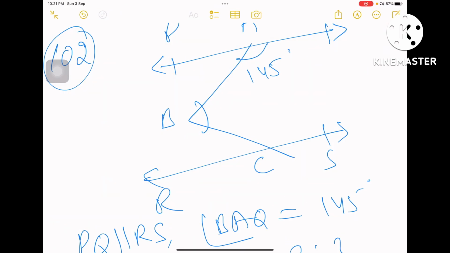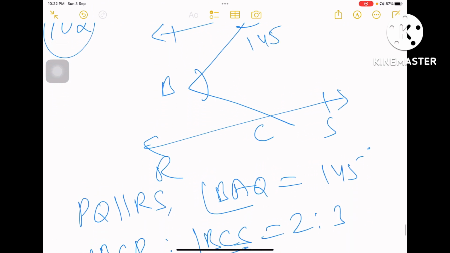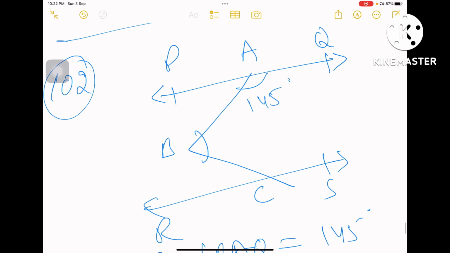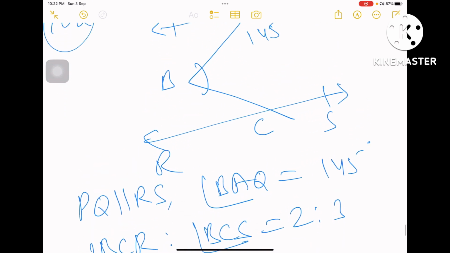Let us see one by one. Angle BCR and BCS are in the ratio 2:3.